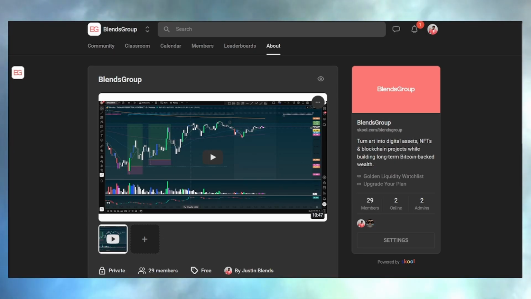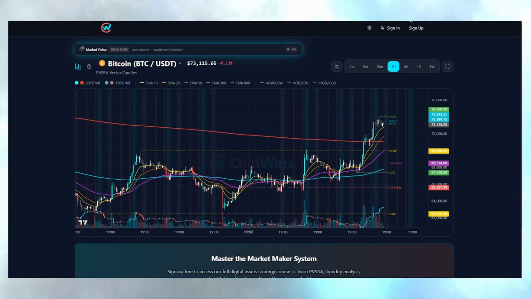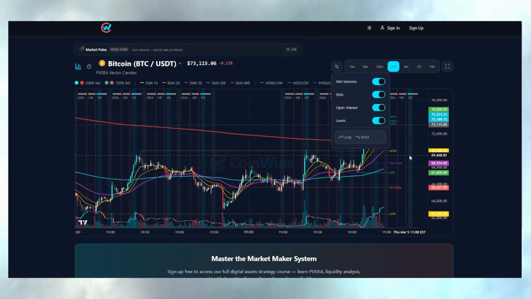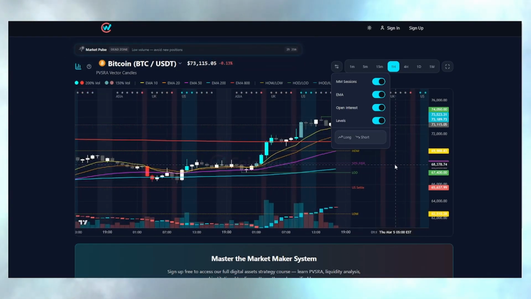Move beyond retail trading. Now, of course, the CoinWins system uses various indicators in conjunction. And the ideas are very simple, but they are also perfectly in line with market maker activity. Of course, we want to trade with the market maker. We do not want to predict movements, and we do not necessarily want to create our own interpretation of the chart.